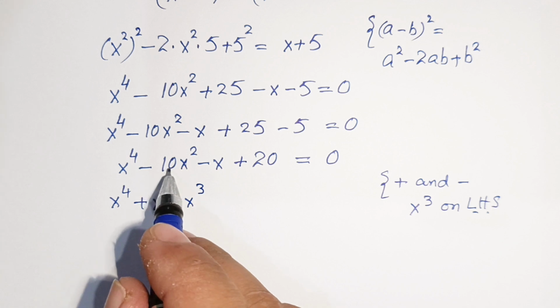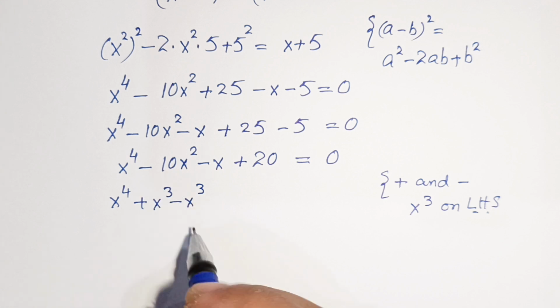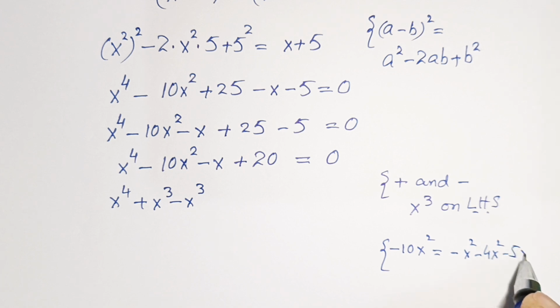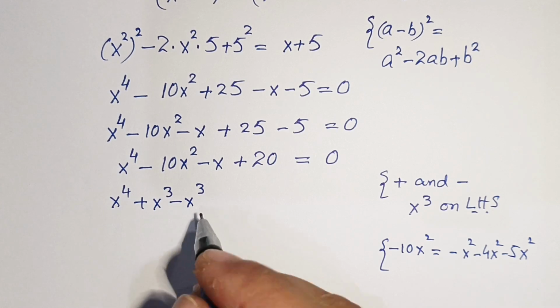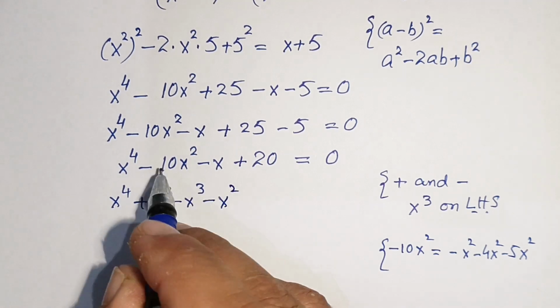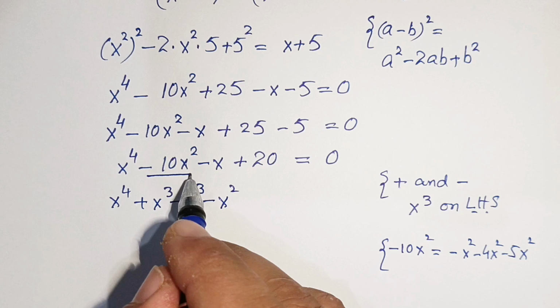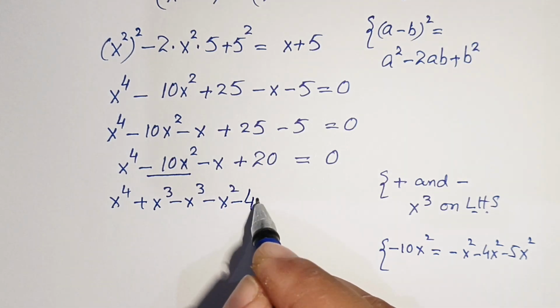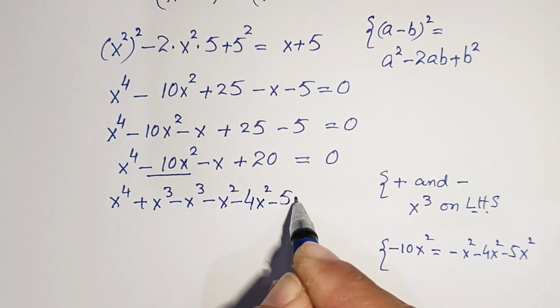So this minus 10x squared can be written as minus x squared, minus 4x squared and minus 5x squared. Here we get minus 1 and minus 4 and minus 5, which is minus 10x squared.